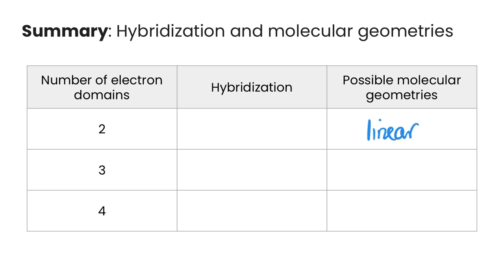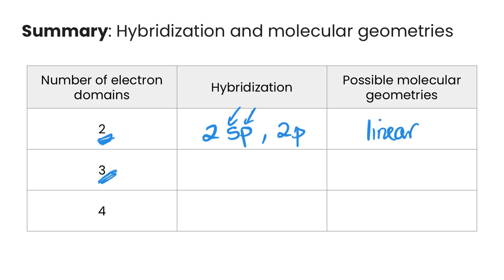And so linear shapes will always do sp hybrid orbitals. And the way you can remember it is if you have 2 electron domains, you need to hybridize 2 different orbitals together. So it's going to create 2 sp hybrid orbitals, and then it'll have 2 p orbitals remaining.